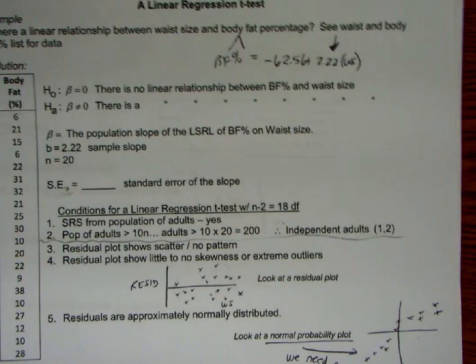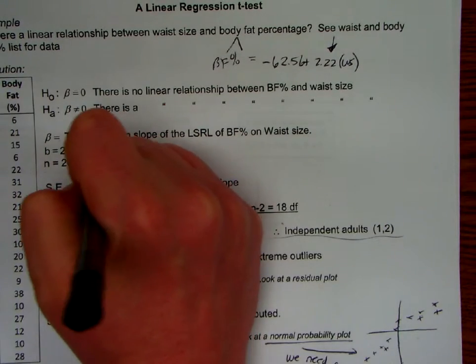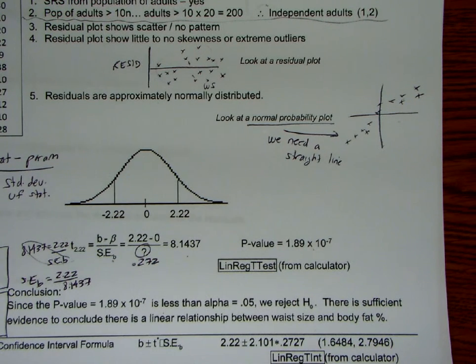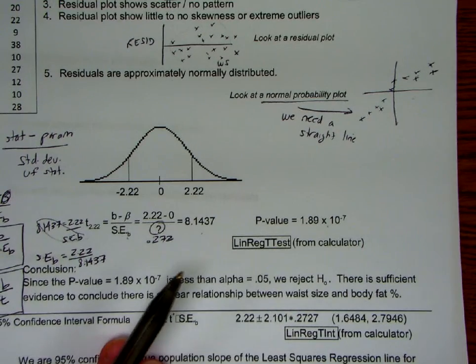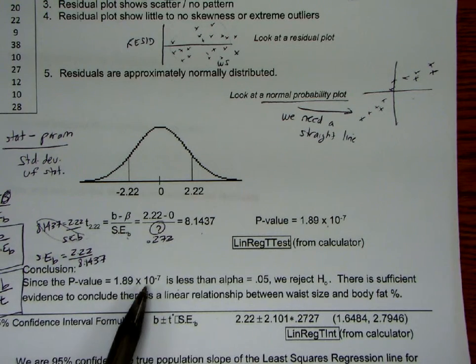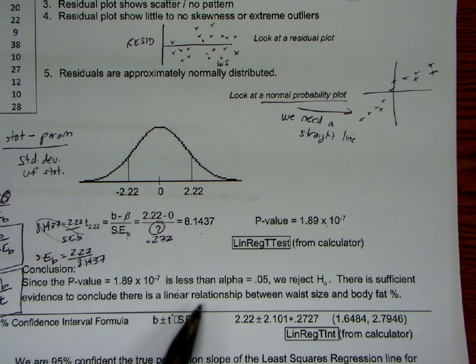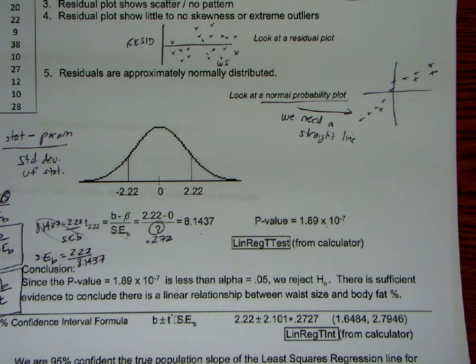And put that up here. Okay, so it's so backwards. And then we can make our conclusion. So since the p-value equals 1.89 times 10 to the negative 7 is less than alpha, we reject H0. There is sufficient evidence to conclude there is a linear relationship between waist size and body fat percentage.